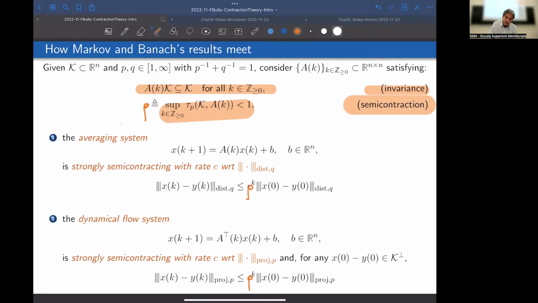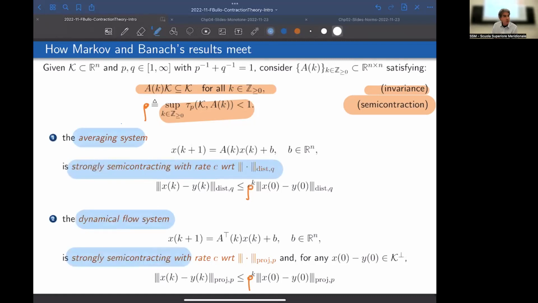And what happens is that if rho is less than 1, and there are graph theoretical conditions, I'm not going to present them today, the averaging system is strongly semi-contracting, and the dynamical flow system is strongly semi-contracting, with the same rate, rho.